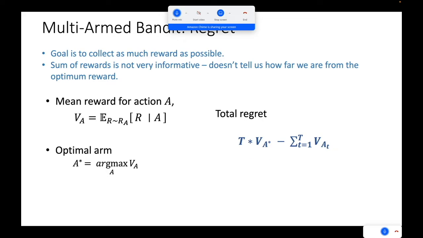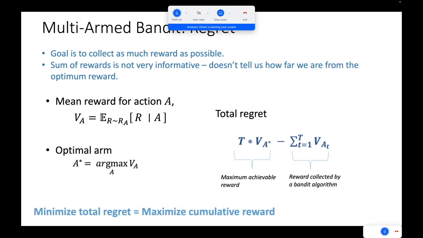So the difference is the total regret. Now, it can be shown that minimizing the total regret is equivalent to maximizing cumulative reward. So it's just a notation, and I'd say regret is more informative because it also gives us a sense of how close to the optimum we are.